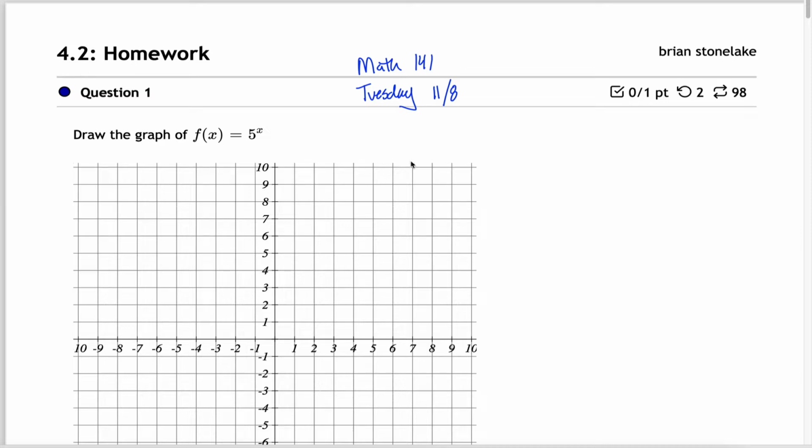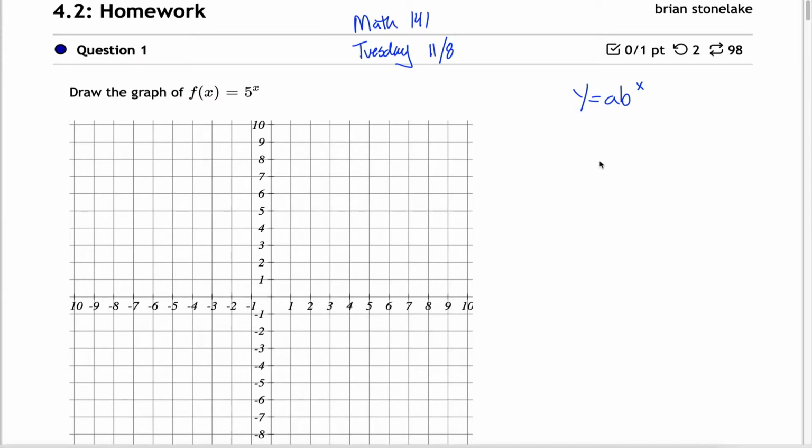Big picture, the idea for 4.2 is, in 4.1, we learned about exponential functions, so functions that are of the form y equals a times b to the x power. In 4.2, we're going to deal with those exact same functions, except now we're going to focus on the graphs of these functions. And what you'll see, what you've hopefully already seen if you watched the videos that I made on this section, is that to understand the graphs of these functions, you really just have to understand the value of a and the value of b in this equation.